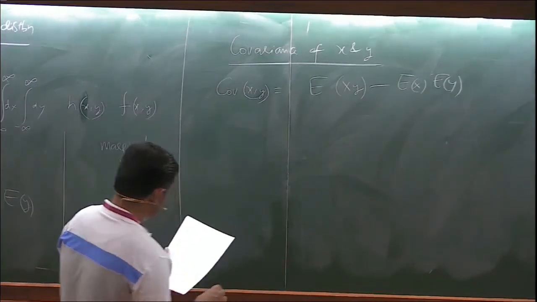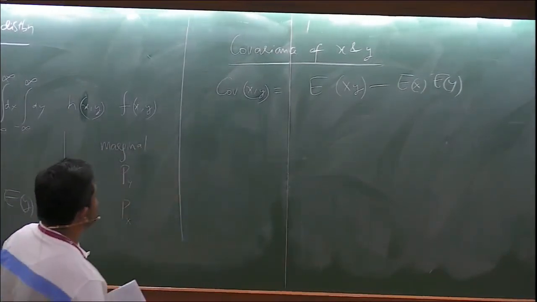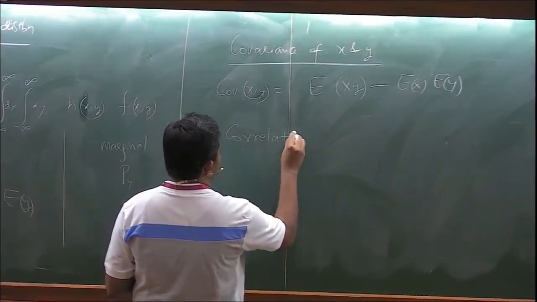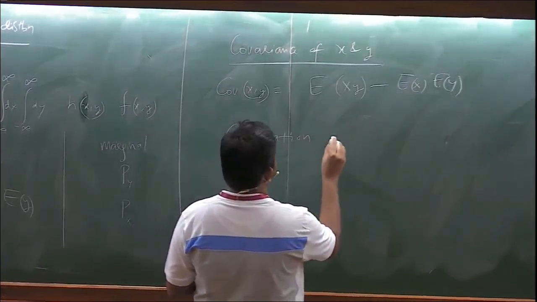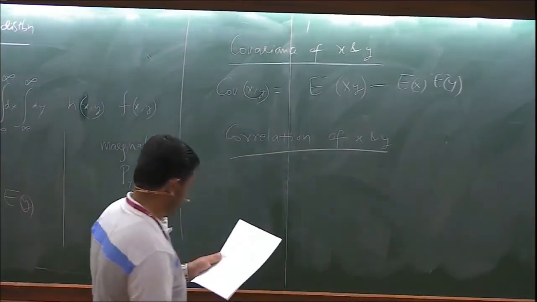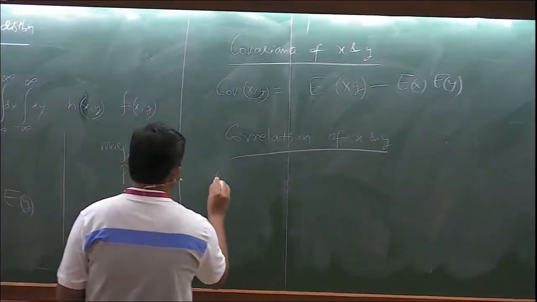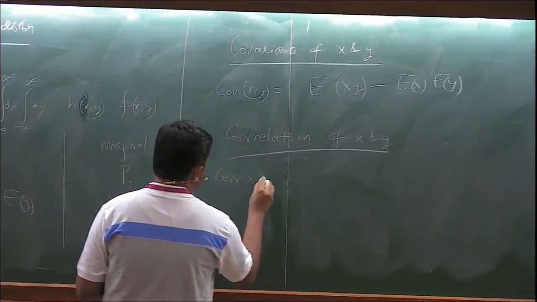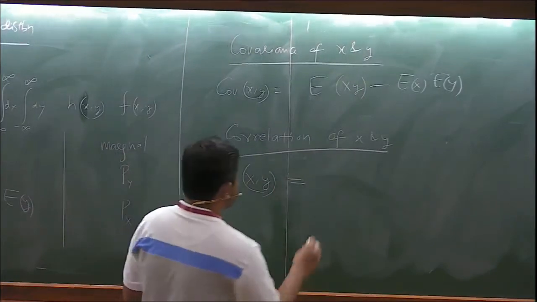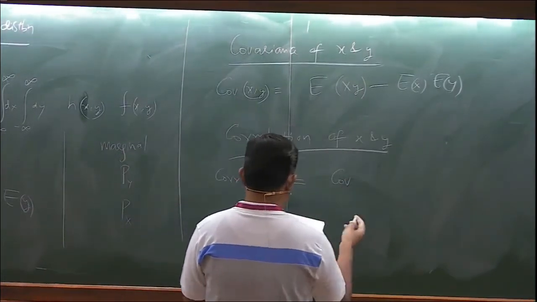One can look at some, I'm going to skip that. The last quantity, which really measures and is related to the covariance, is the correlation. So the correlation of x and y, that is, to find out how correlated x is with y, is just defined as the covariance of a scaled variable.